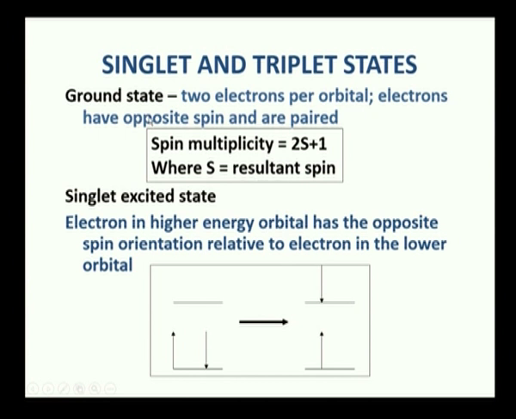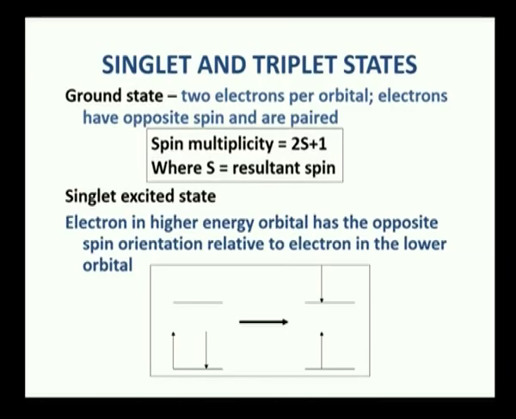In the ground state, the electrons per orbital will be paired, so they will have opposite spins. Resultant spin is S1 plus S2, where S1 is the spin of one electron and S2 is the spin of the other electron.